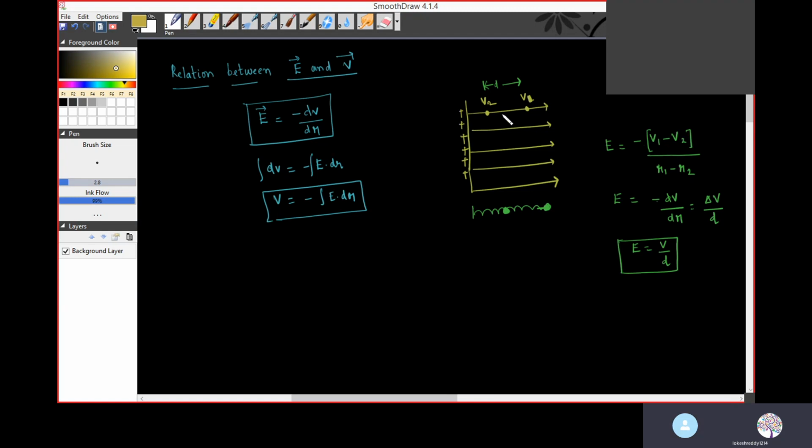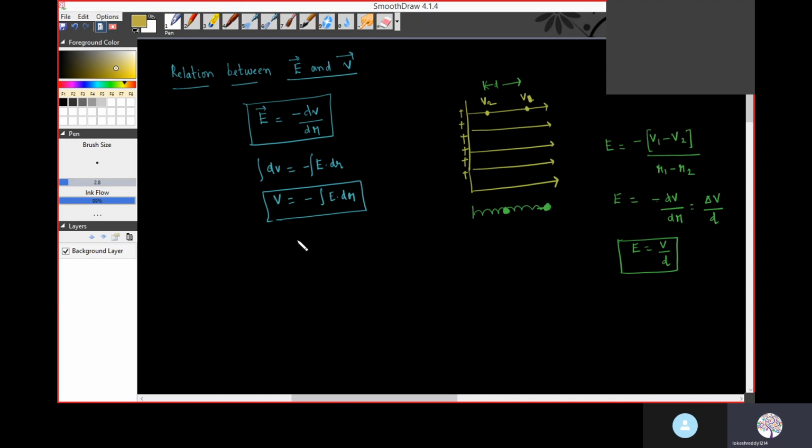But here in the direction of electric field, potential decreases. To denote that, we wrote minus. E is equal to V by D also we can use if the electric field is constant. Now D is again the distance between the two points.